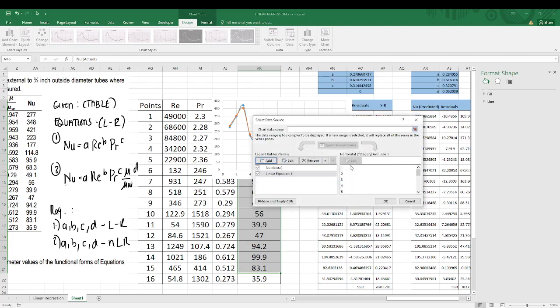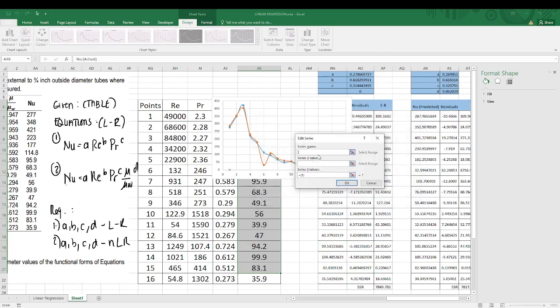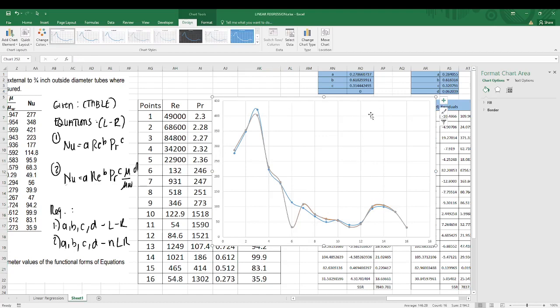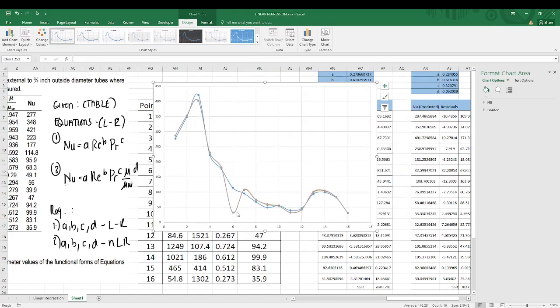Okay, and let's add again. So linear regression equation 2. Okay, and as you can see, we have a slight problem here, no?